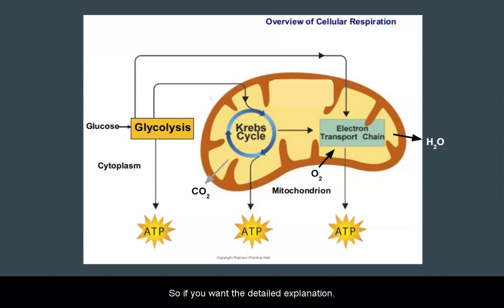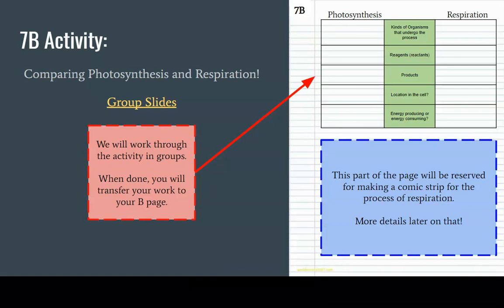So if you want the detailed explanation, it's in here, just to show you that it's a 3-step process. And we had learned that photosynthesis is a 2-step process before. It's just something to look through. And if maybe IB biology is in your future, then it might be worth looking through those slides.